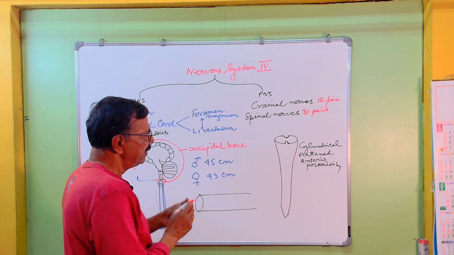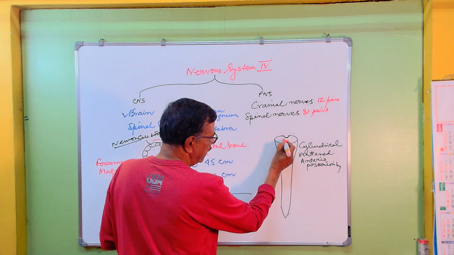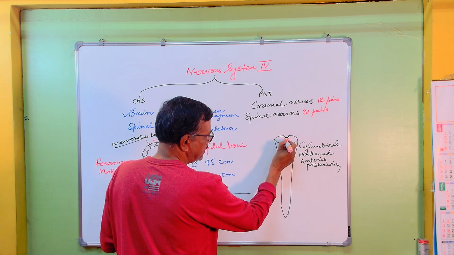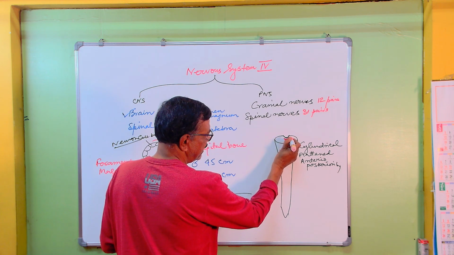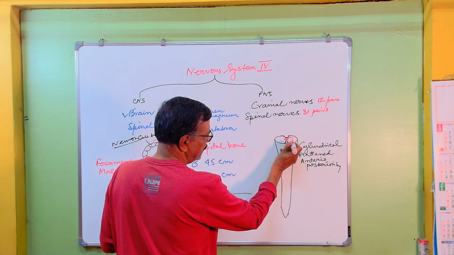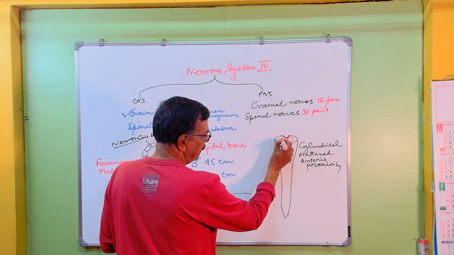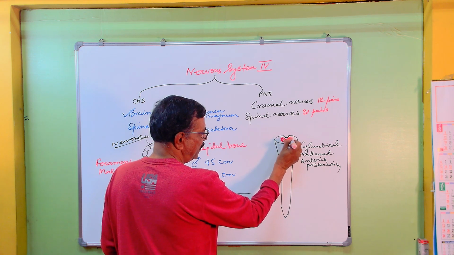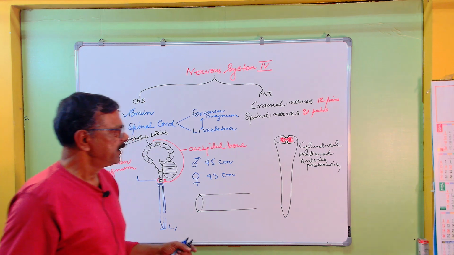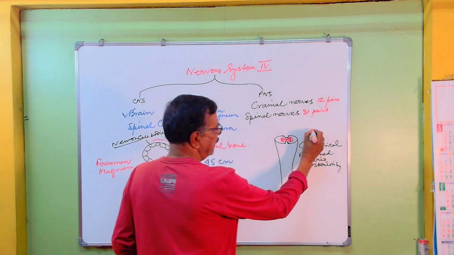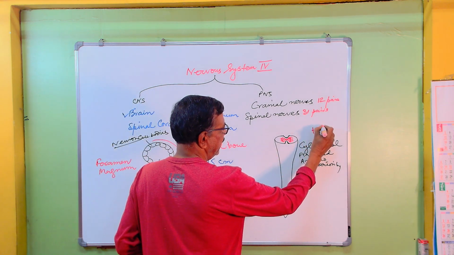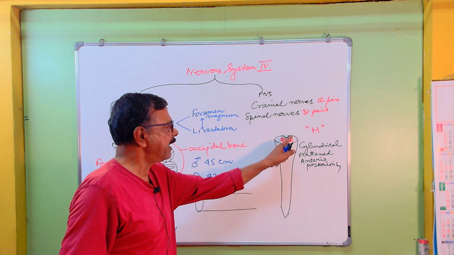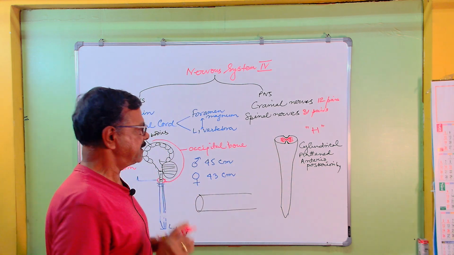The grey matter is like this. So the grey matter resembles the H of the English alphabet. These are the grey matter, and outside it is white matter.